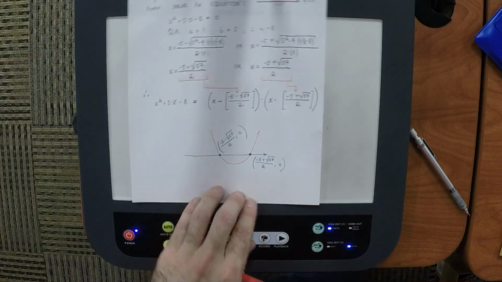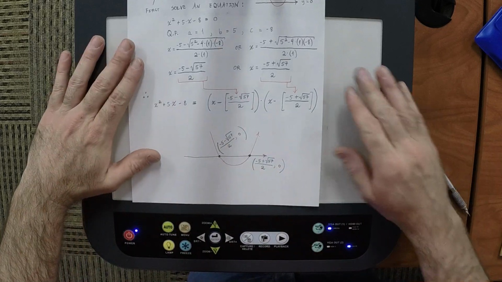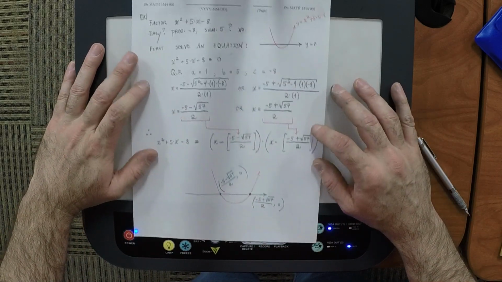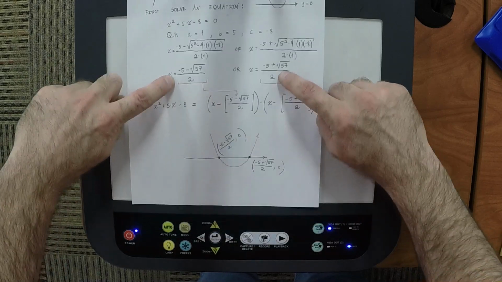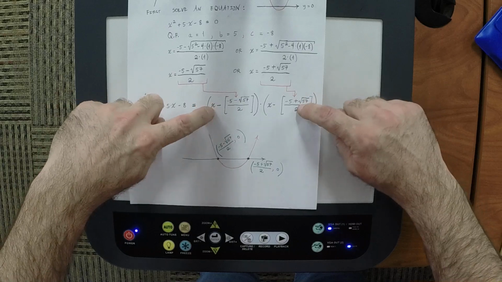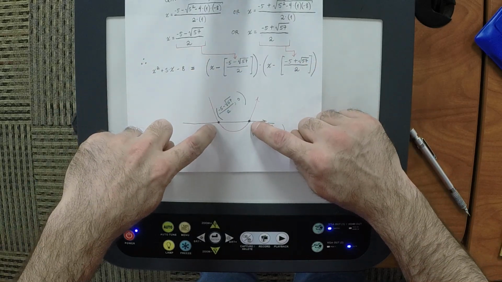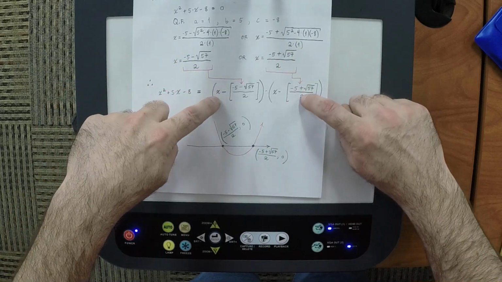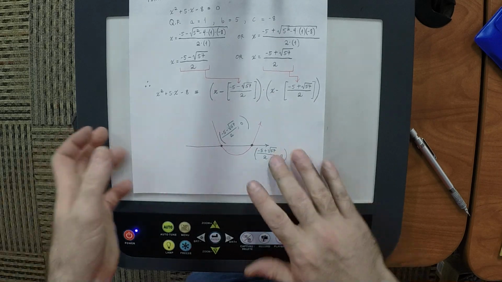Beautiful. Any question about this example? So the point is that the solutions are in correspondence to the factors, which are in correspondence to the x-intercepts. Solutions, factors, x-intercepts. Let's do another one.